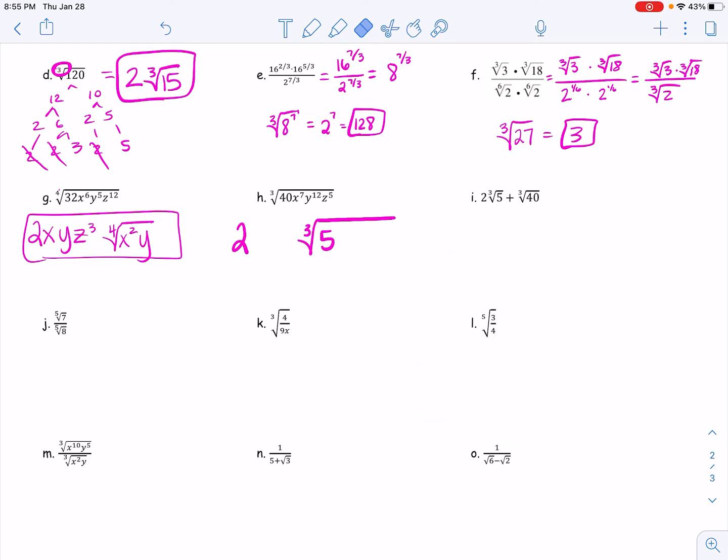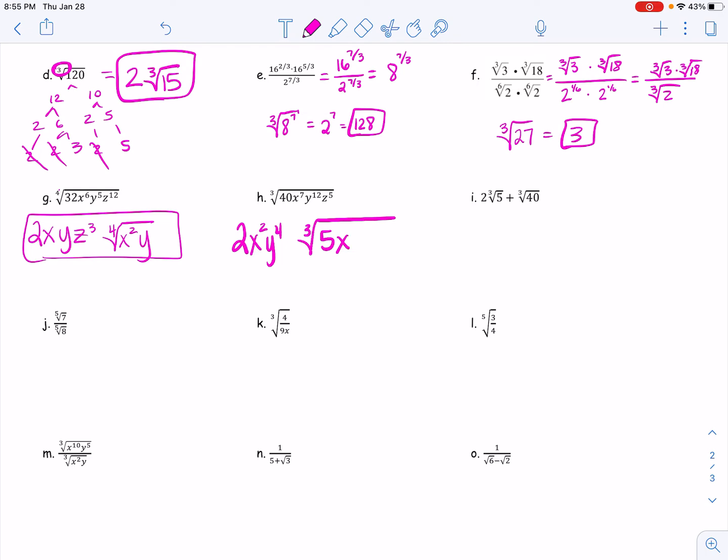Okay? Then I'm taking the cubic root of x to the 7th. How many groups of 3 can you make in 7? 2. With how many left over? 1. Cubic root of y to the 12th. How many groups of 3 can you make in 12? 4 of them. How many left over? None.